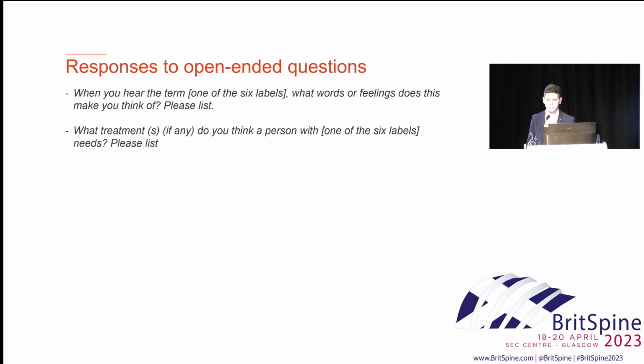We also had 2 open-ended questions, and we asked people to just express their feelings and thoughts about the label that they'd been given, and whether they thought that that particular label would require any specific treatments or not. So we wanted to see what people thought that label would require in terms of treatment.